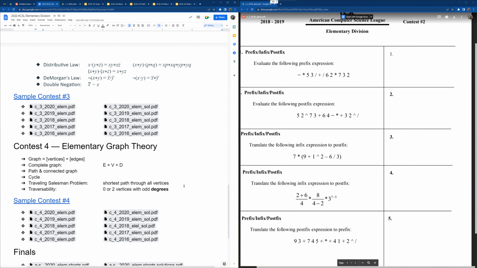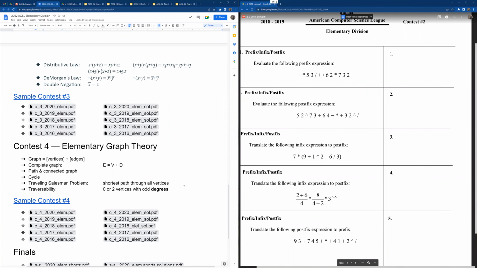So the problem, to summarize it, is to find the shortest path through all the nodes, so you travel the least number of edges.